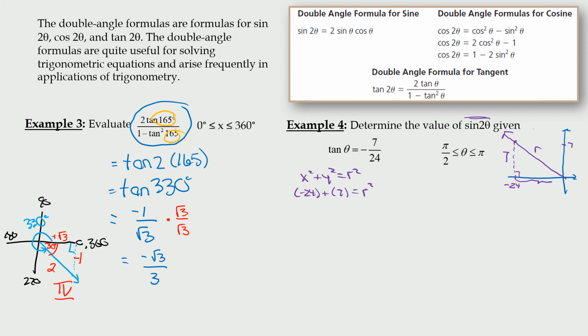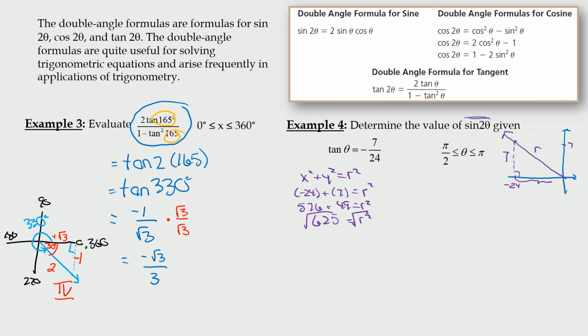So you could do this on a basic calculator. Negative 24 squared is 576. 7 squared is 49. And that's equal to r squared. So we get 625, and that's a good number. Some of you, I think, would recognize that, r squared. To isolate r, I take the square root of both sides.